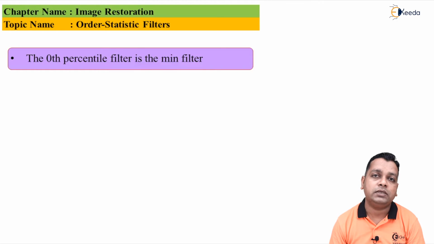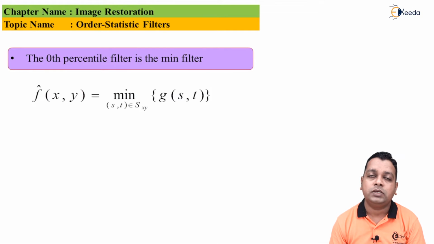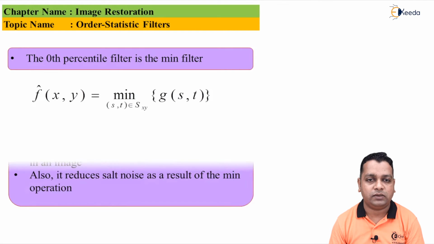Now if we select the 0th percentile of the neighborhood or local region, we get the form of the filter to be the min filter. Mathematically we represent this filter function as f cap of x comma y computed as the min operation with the variables s comma t both belonging to the local neighborhood capital S suffix xy, operated over the degraded or noisy image g of s comma t.